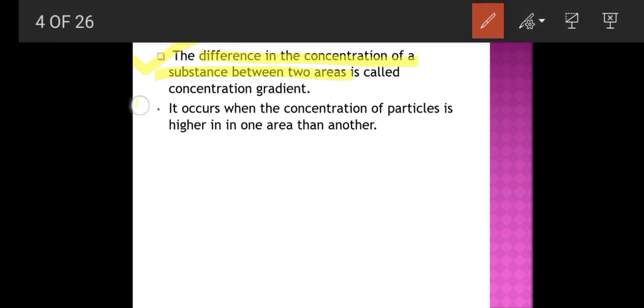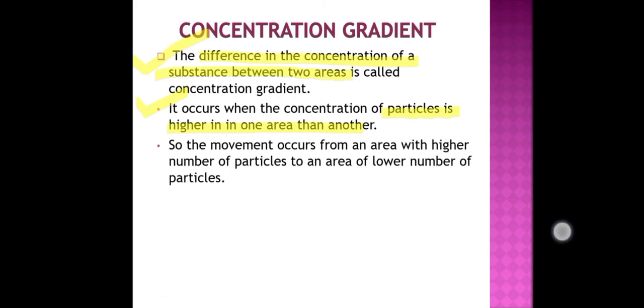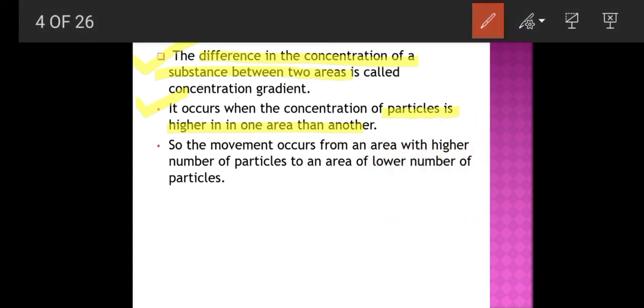It occurs when the concentration of particles is higher in one area than in another area. So the movement of particles occurs from an area with a higher number of particles to an area with a lower number of particles.